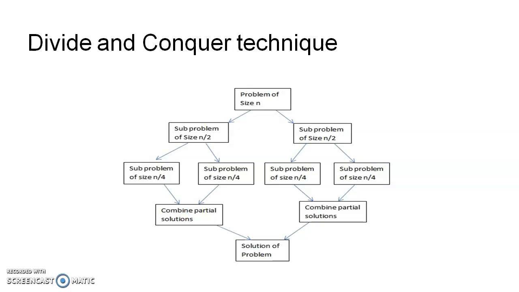It means we are repeatedly applying the divide operation. If we observe that the division operation cannot be applied further, then we stop dividing and find the solution to the smaller problem. Then we combine these partial solutions to get the solution of our original problem of size n.